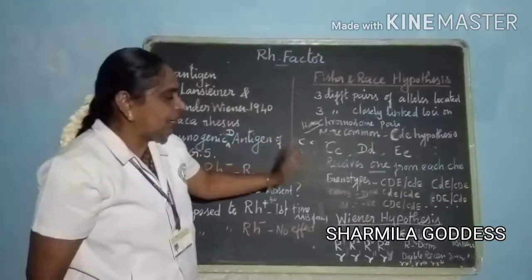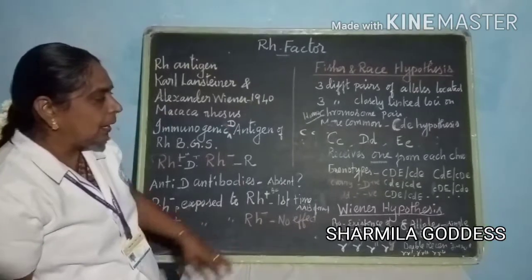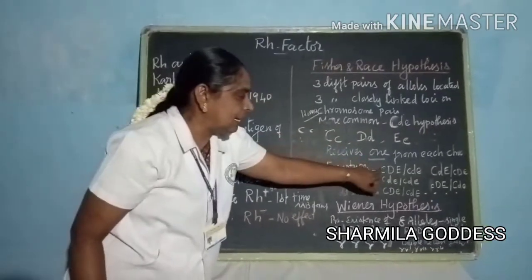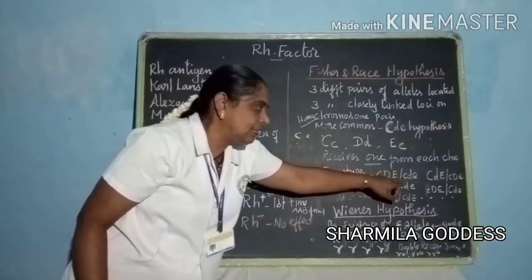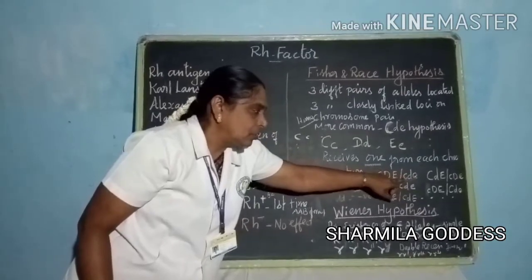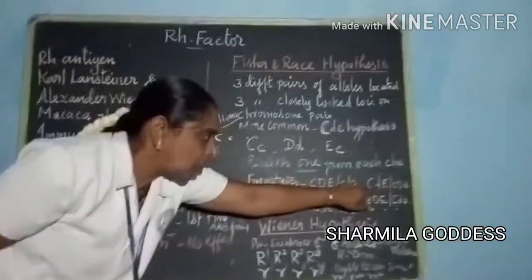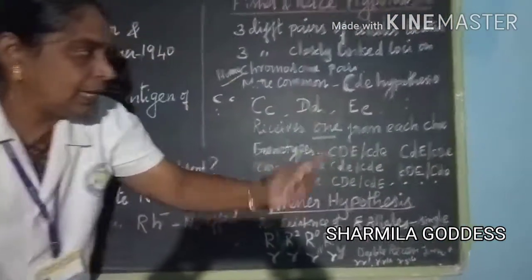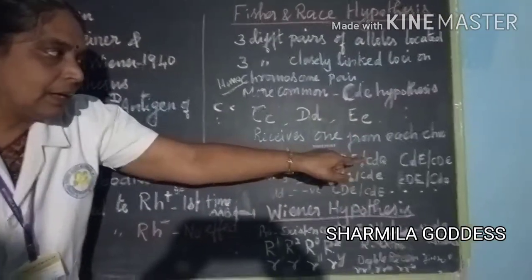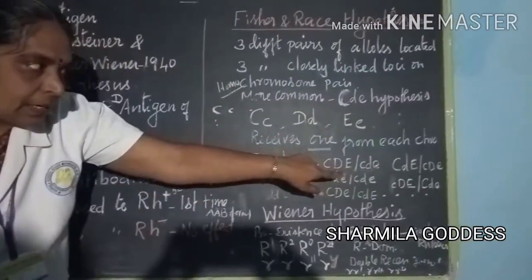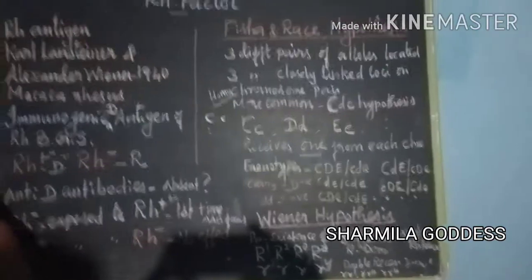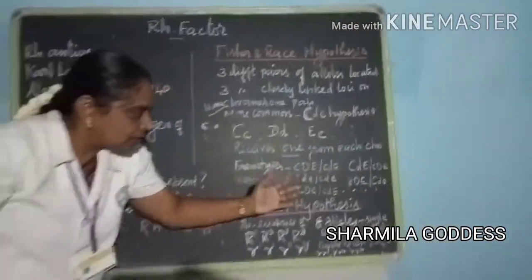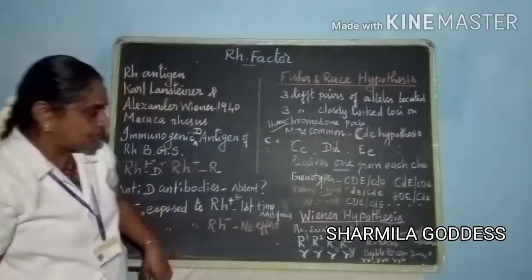So there are different genotypes available, such as capital C, capital D, capital E, or small c, small d, small e, or capital C, small d, capital E, or small d, capital D, small e. You can write many alleles like that.